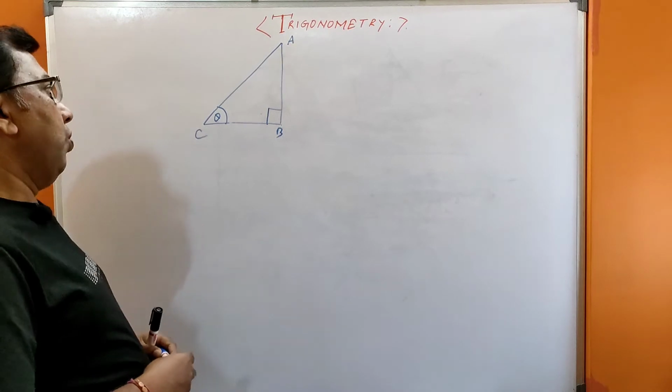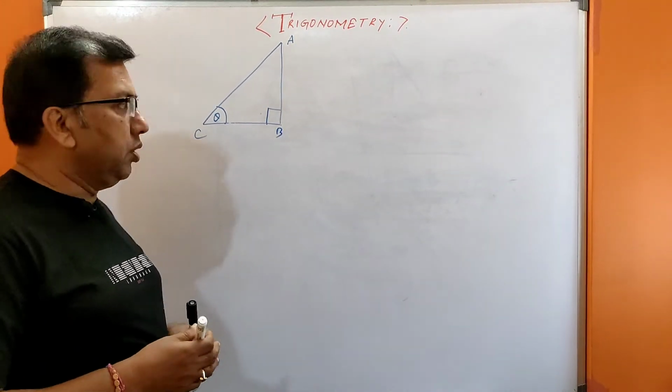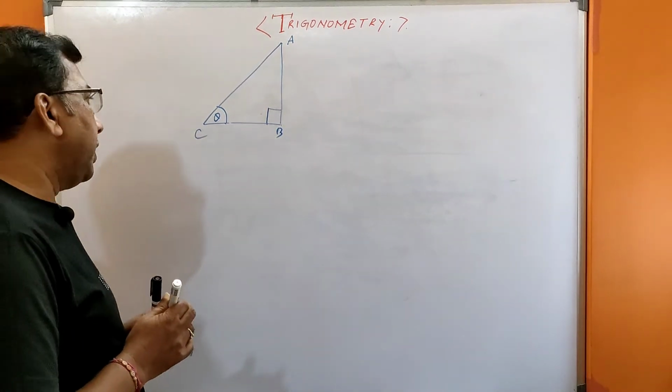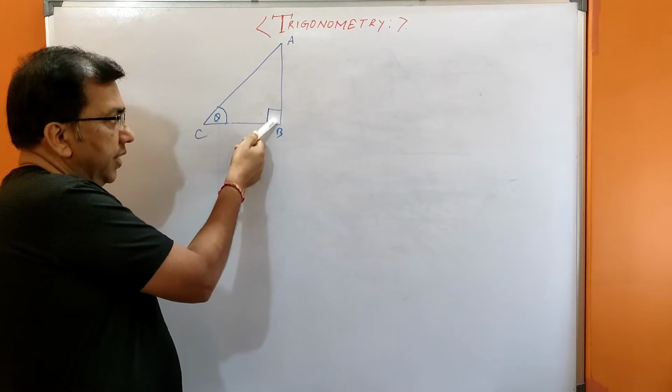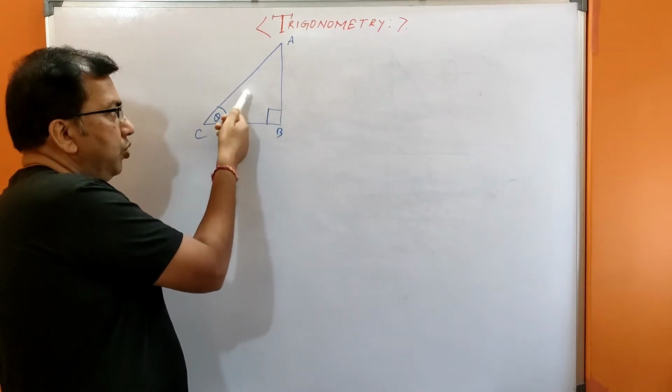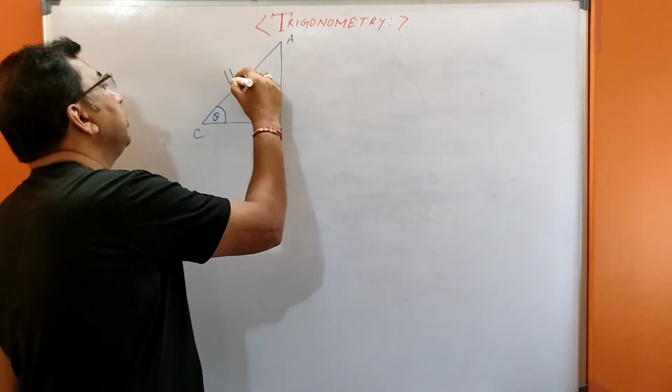So always remember what is the perpendicular, what is base, and what is hypotenuse. You must know, just opposite to right angle, इसके सामने जो साइड है वो होगा hypotenuse.